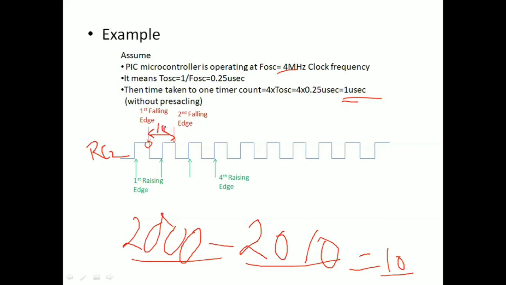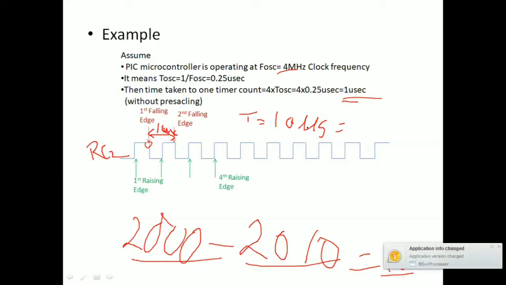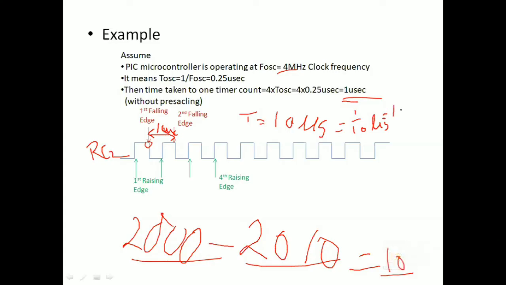So you know that T equals 10 microseconds. If you take the reciprocal of this value, you can find out the frequency of that clock signal, because this is the time period of that clock signal. So 1 divided by 10 microseconds is equal to nearly 100 kilohertz.